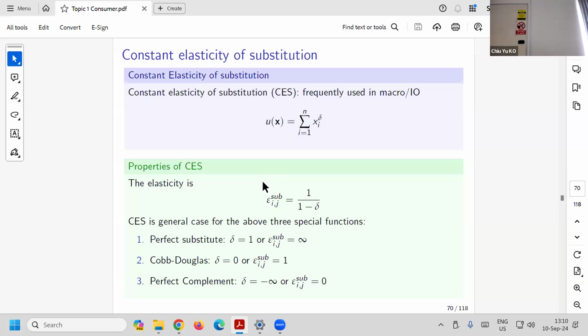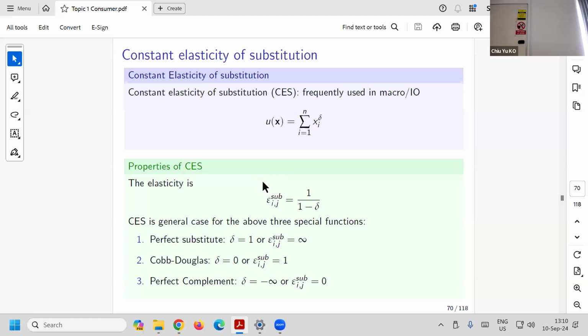Your firm combines many inputs and produces based on Cobb-Douglas production, and the consumer uses CES to combine different goods from different firms for consumption. So it's a nested CES. This is very commonly used because it's easy to estimate, right? Because as I told you, just estimate this guy, and this guy can be estimated easily. So that's why they're so commonly used either in theory or empirical work.